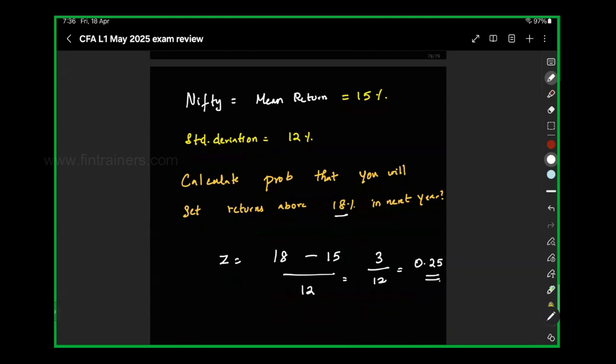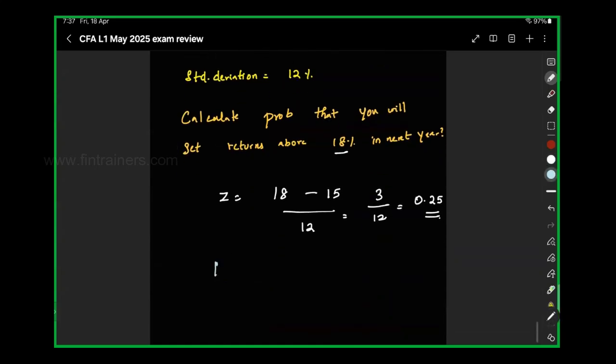That's my Z score. Okay? So basically we are trying to find, okay, what's the probability that the returns will be mu plus 0.25 sigma. So we are asking to find what is the probability of mu plus 0.25 sigma.